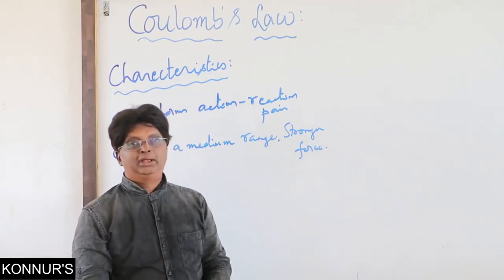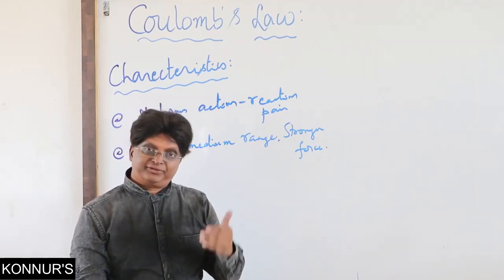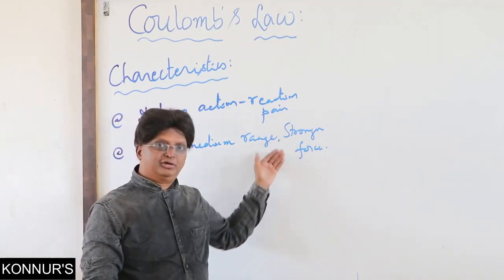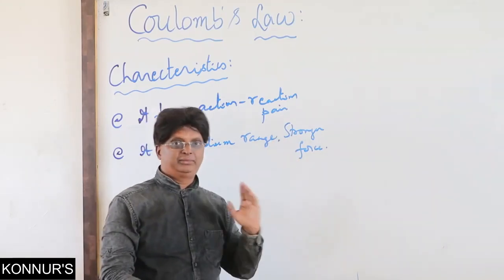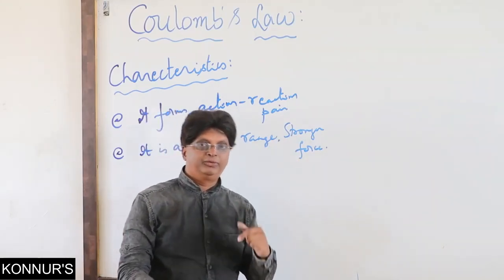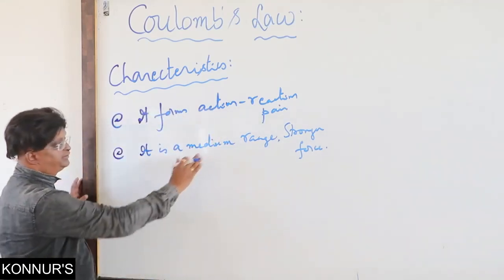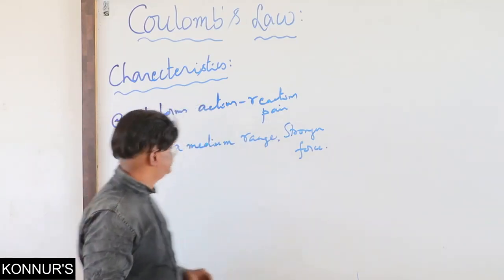But when compared to nuclear forces, it is lesser in its magnitude. So generally I am writing it as a strong force, stronger in comparison with Newton's gravitational force. It is a medium range force and also a strong force.